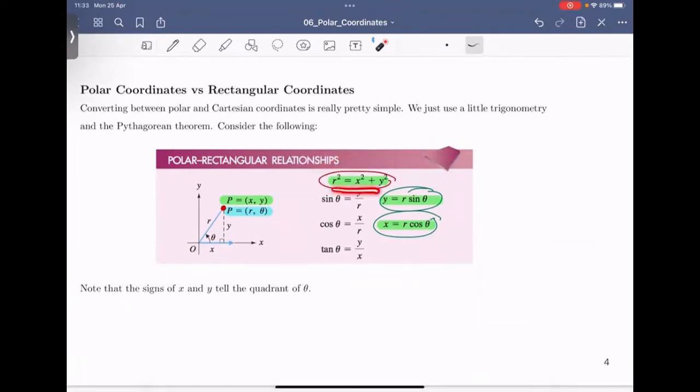So again, the Pythagorean theorem implies r squared equal to x squared plus y squared, where x and y are here. Sometimes if you need theta, you can use tan theta equal to y over x, and then solve for theta. There will be more examples on this, so you're going to use it again and again for sure.